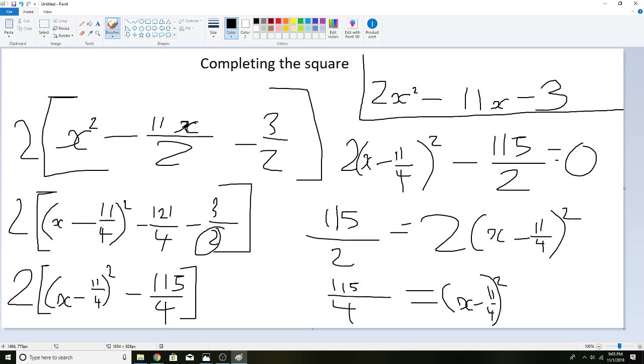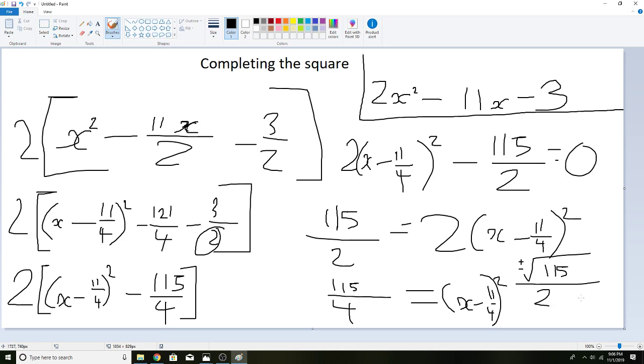And then square root. The square root is going to be plus or minus, because a minus multiplied by itself or a positive multiplied by itself both equal the same positive number, because a minus multiplied by a minus is a positive, and obviously a positive times a positive is a positive too. So plus or minus root 115 all over 2, because the square root of 4 is 2.